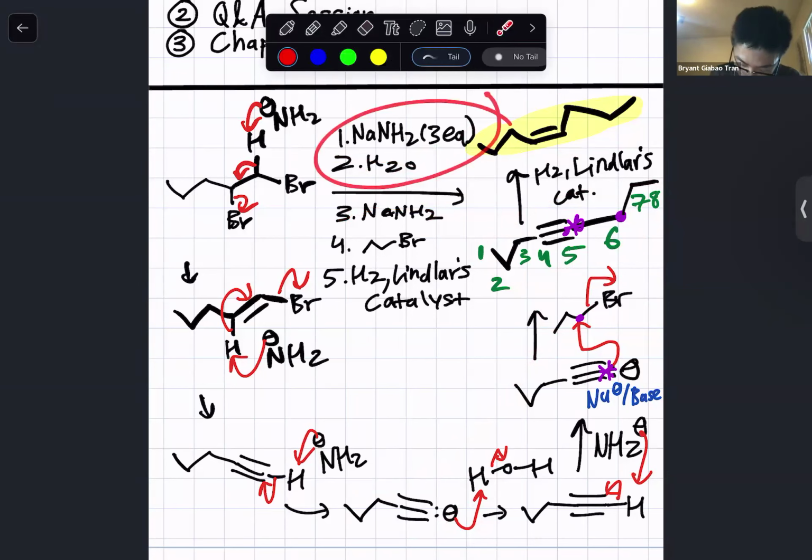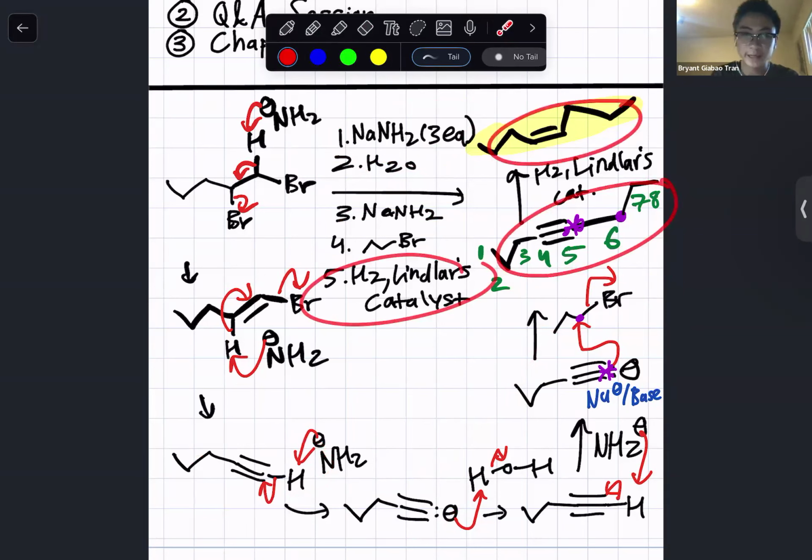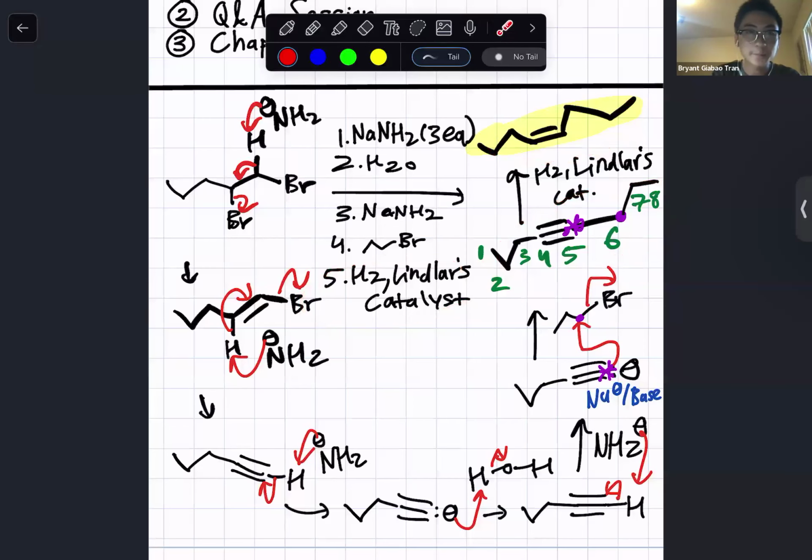The first 2 steps made the terminal alkyne. The third step deprotonates that terminal alkyne to make the alkynyl anion. The fourth step makes the SN2 reaction. And then the last step reduces that alkyne into the cis alkene.